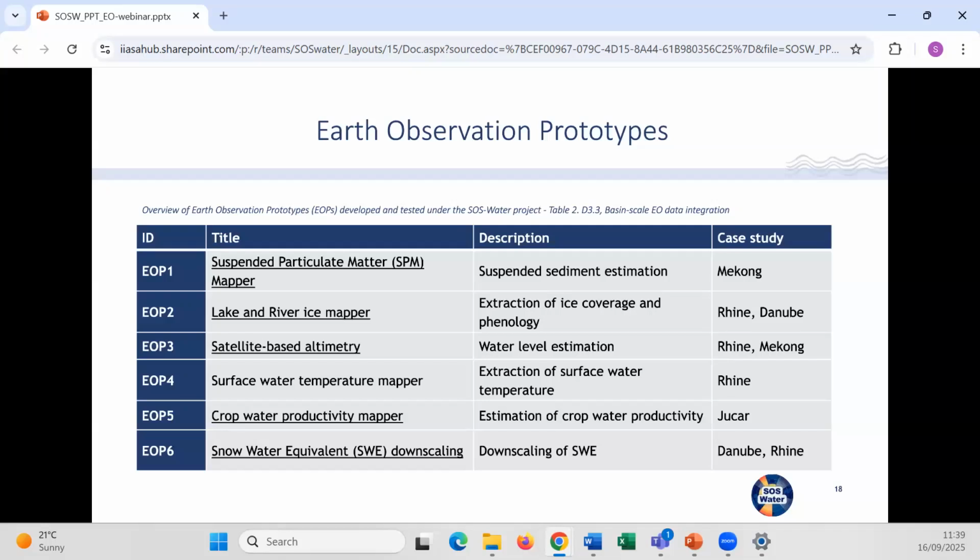We've done our best to cover a wide range of Earth observation technologies, from thermal remote sensing to optical, using radar altimetry for Earth observation prototype 3, and also to try to touch upon different important topics like agriculture for the crop water productivity mapper and the cryosphere with Earth observation prototype 6. And these were then applied in 4 different case studies, and we'll now present 2 of them.